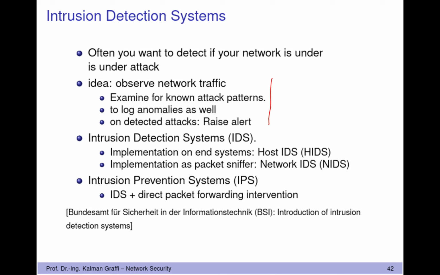So basically, based on the observations of previous viruses and attacks, a database has been created with all of these patterns, all of these bit combinations that are suspicious but characteristic for those specific attacks. And if you apply that at the host, so basically here you have your Windows and you apply it as an application on Windows for all the traffic that goes out and comes in, that's then a host-based intrusion detection system.